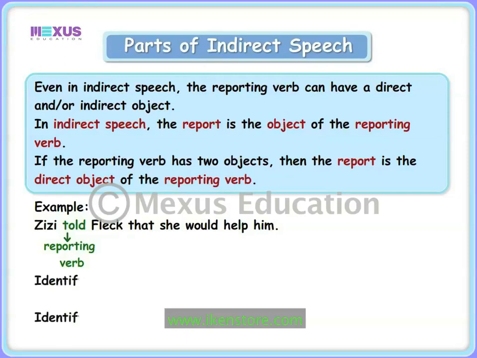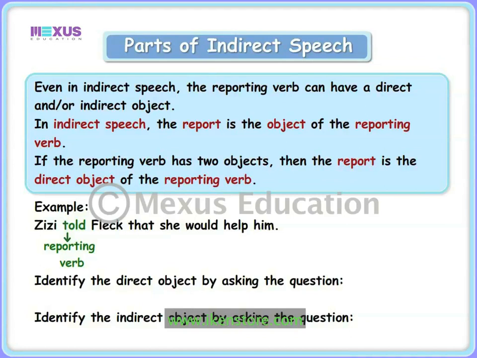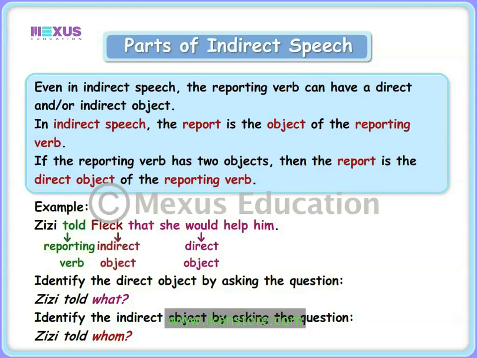We can identify both the direct and the indirect object by asking questions: Zizi told what and Zizi told whom. The answer to the first question is the report that she would help him. Hence, this is the direct object of the verb. The answer to the second question is Fleck, which becomes the indirect object of the verb.